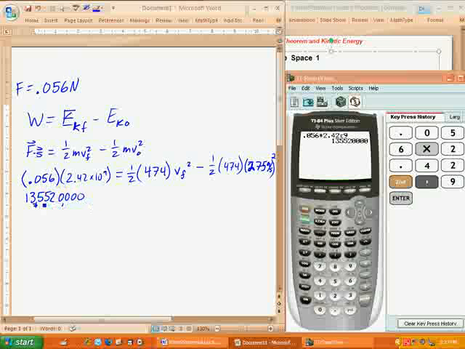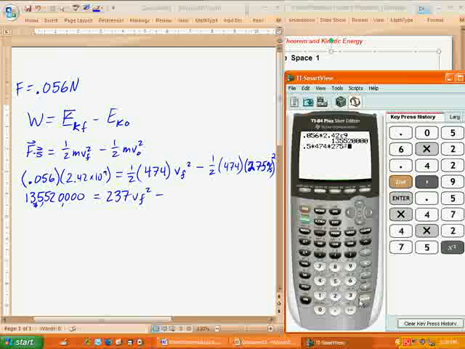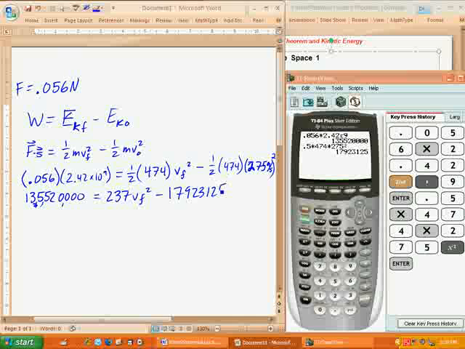Is equal to, and then 1/2 of 474 is 237. Final velocity squared, minus 1/2 times 474 times 275 squared, which is then 17923125. Okay, also a very large number.